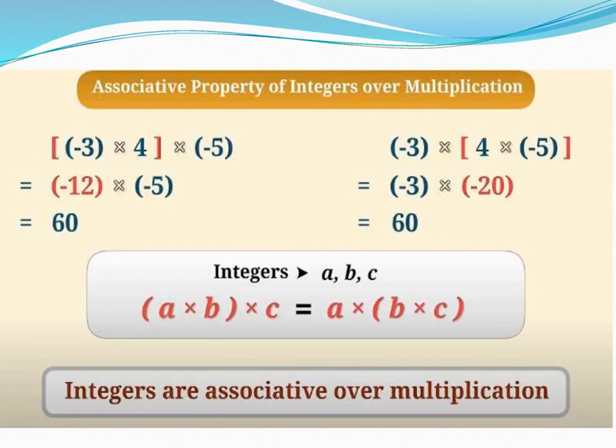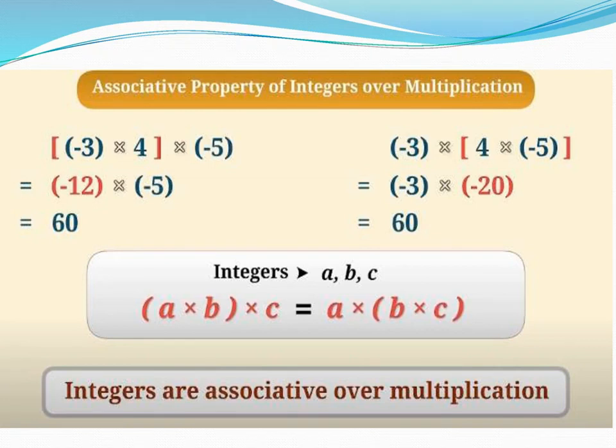Here -3 into -20. Both have the same signs, so the resulting product is positive. So 3 into 20 equals 60. Here in both cases the product is the same when we change the order. So we conclude that integers follow the associative property over multiplication.